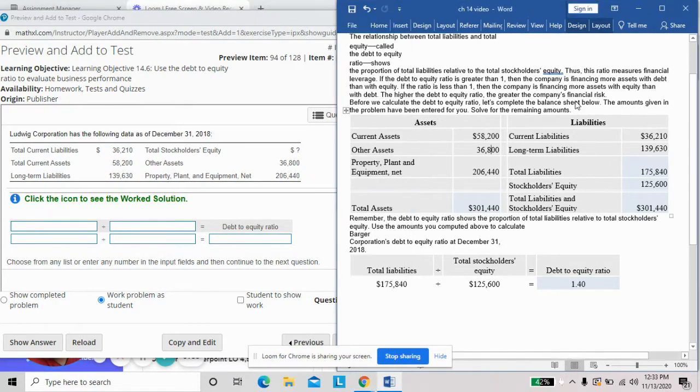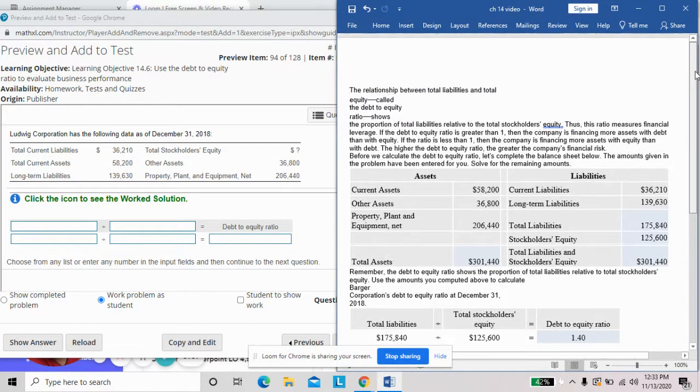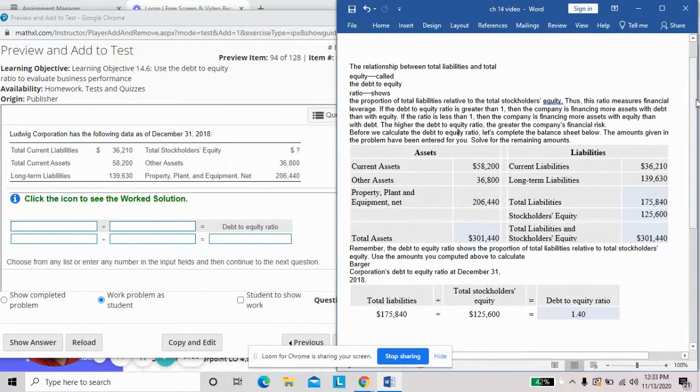So, to start this off, the relationship between total liabilities and total equity, called the debt to equity ratio, shows the proportion of total liabilities relative to the stockholders' equity. All that means is it compares the total liabilities and how much larger it is to the stockholders' equity.